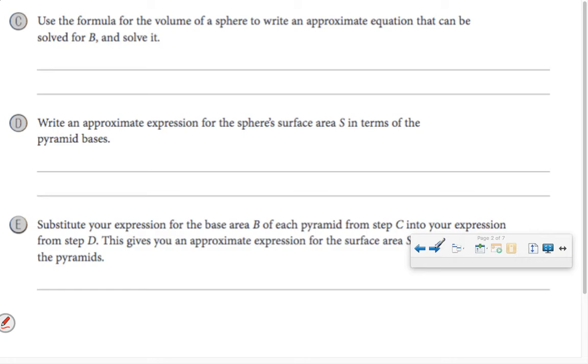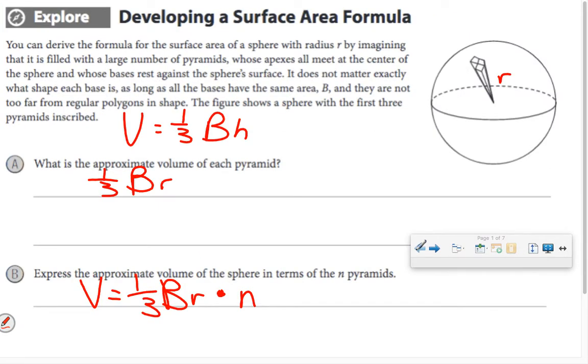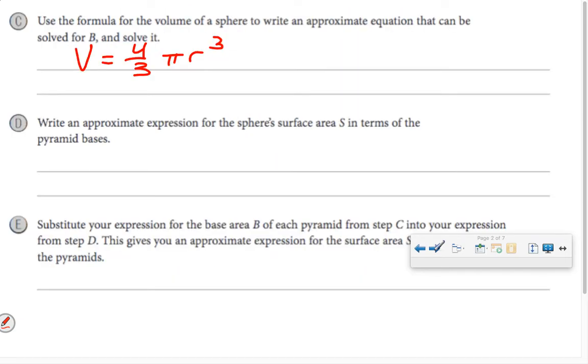Now they're asking us to use the formula for the volume of a sphere to write an approximate equation that would be solved for B. Well, let's think about that. The volume of a sphere is 4/3 pi r cubed. And in this equation, we have 1/3 B r n.